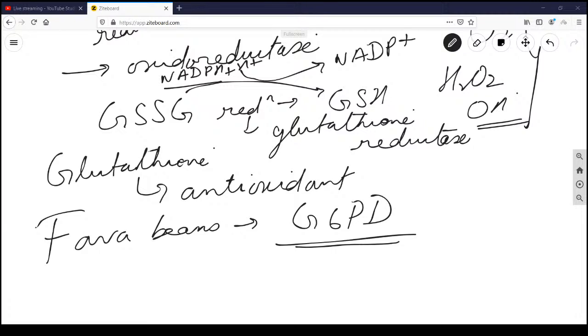A man and a woman who do not show any apparent sign of a certain inherited disease have 7 children, 2 daughters and 5 sons. 3 of the sons suffer from the given disease, but none of the daughters are affected. Which of the following modes of inheritance do you suggest for this disease?